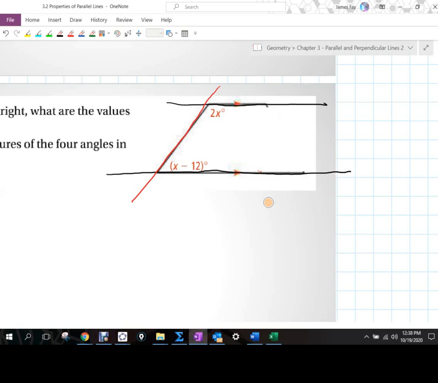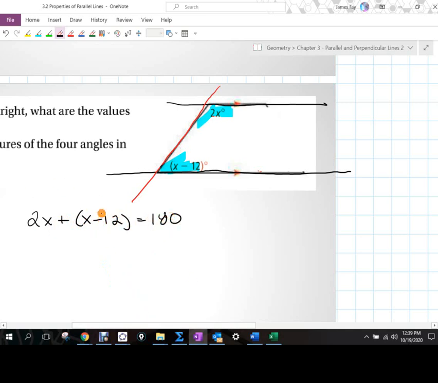Yeah. But now what kind of angles would you tell me in relation to one another are those 2 angles? Are they alternate interior? Are they alternate exterior? Are they corresponding or same side interior? Same side interior. So same side interior angles are supplementary. So 2x plus then the x minus 12 should add up to 180.